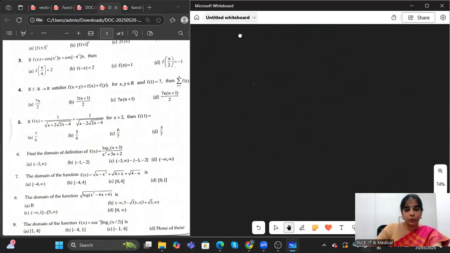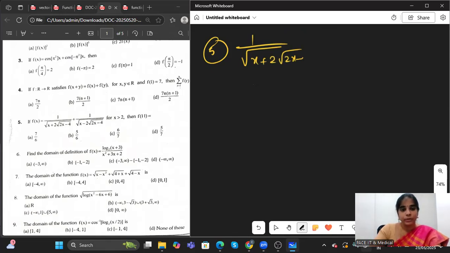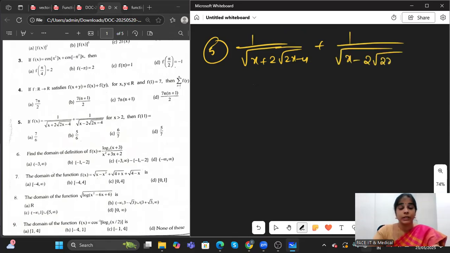My question here is 1 by square root of x plus 2 root 2x minus 4, plus 1 by square root of x minus 2 times root 2x minus 4. They already said x is greater than 2.